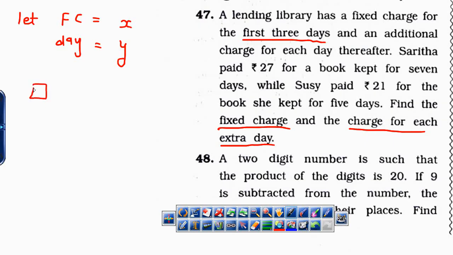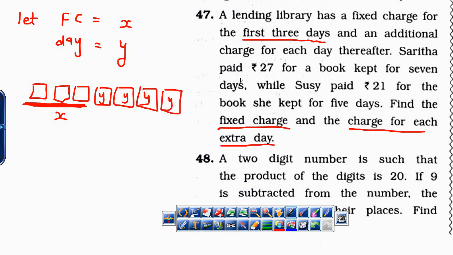तो पहले 3 दिन, 3 दिन फ्री नहीं, इसके लिए X रुपीज़ भरने के, उसके बाद जितना यूज़ करोगे per day you have to pay Y रुपीज़. Now let's try to make the equation.